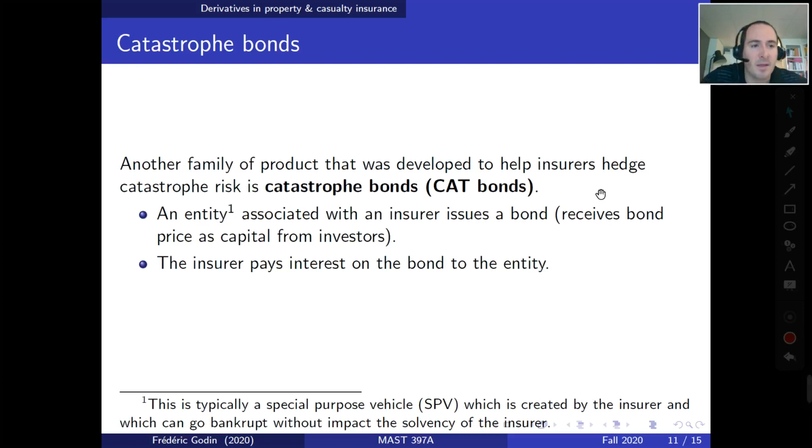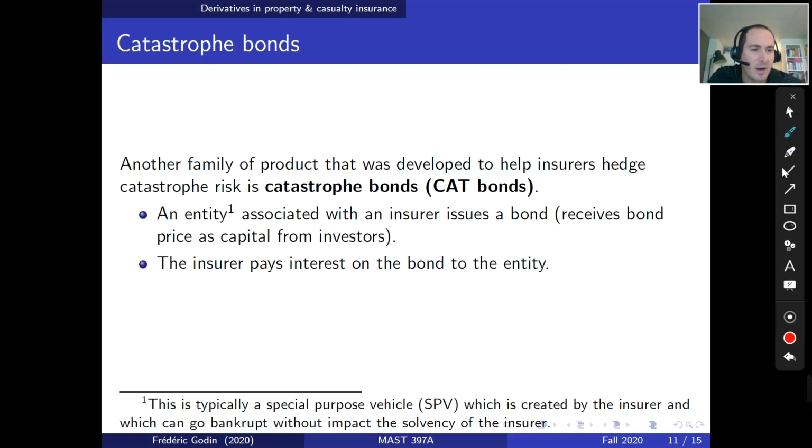The reason why these bonds exist is that sometimes an insurer wants to transfer insurance risk to broader financial markets so they're not stuck with the risk. Some investors in the broader financial markets would be ready to bear some insurance risk as long as they're compensated for it. So this is a sound way to transfer catastrophe risk from insurers to a broad financial market.